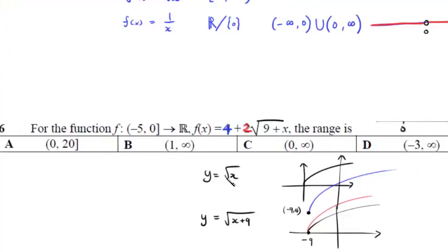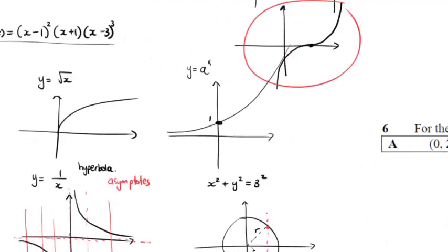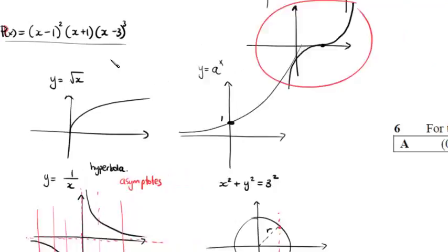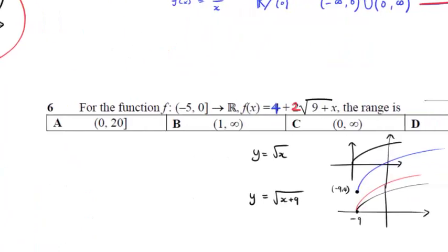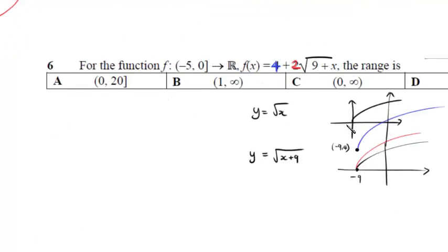So it's either moving up or down, or to the right or left, or dilation. So it's all really easy if you simply know the shape of these basic functions, and if you know how to move them to the right or left or up or down. So you can see that's really easy, no? Just move to the left by 9, a bit taller, and move up by 4. So it's like this.